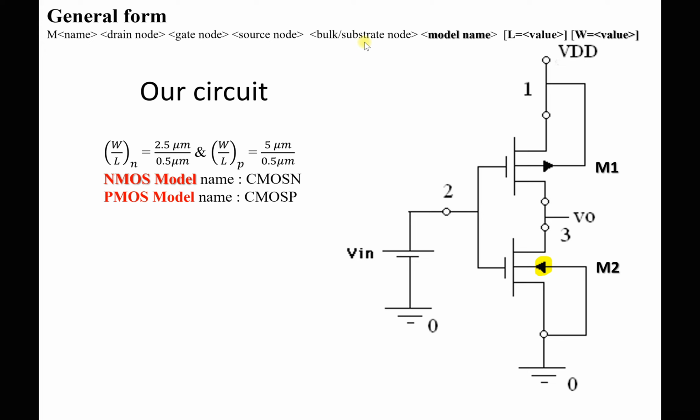Then we will write the model name of each transistor, the value of L, and the value of W. In my example, for the NMOS, W is equal to 2.5 micro, while L, the length of the channel, is equal to 0.5 micro. The NMOS model was CMOSN.